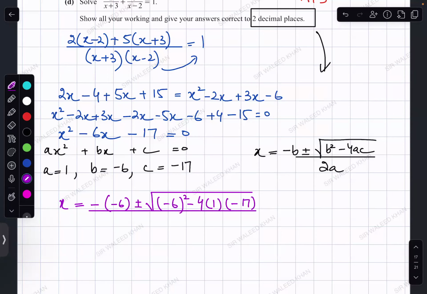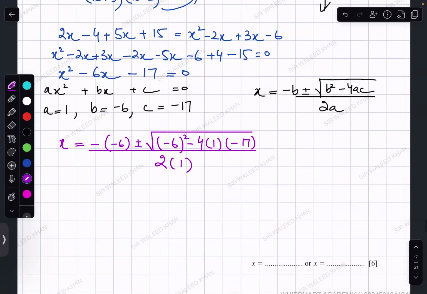Just be careful with this. 2 times A, that is 1. Okay. Another step which you can show, because it's a 6-mark question, is to solve whatever is within this root. Okay. So what should that be? 36.